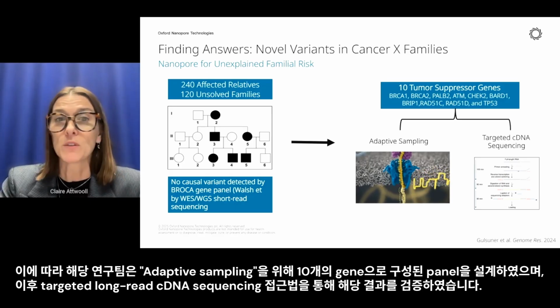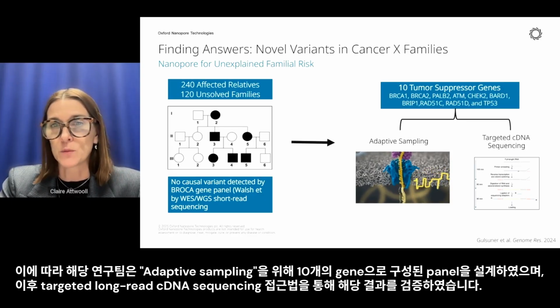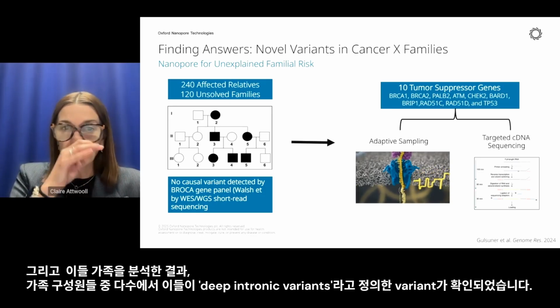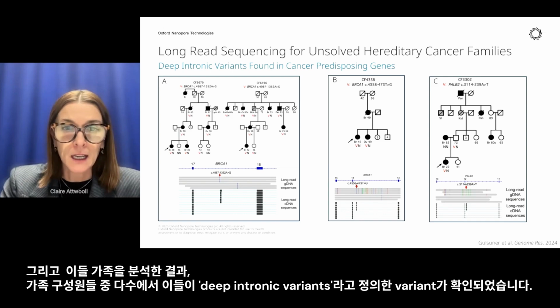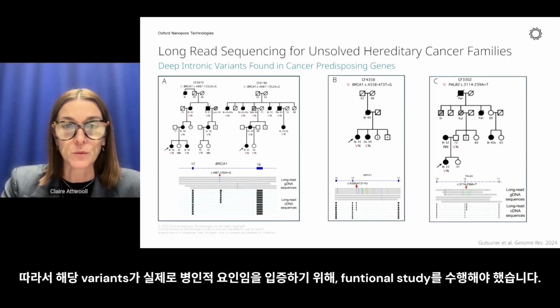So what this group did was they made a 10-gene panel, you can see it listed here, for adaptive sampling, and then they validated those findings with a targeted long-read cDNA sequencing approach. And what they were able to find in those families is that many of them had what they call deep intronic variants. So they had to do functional studies to show that these variants were actually causative.